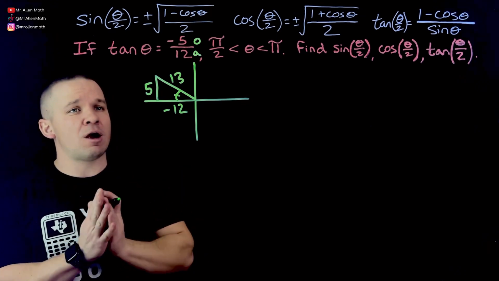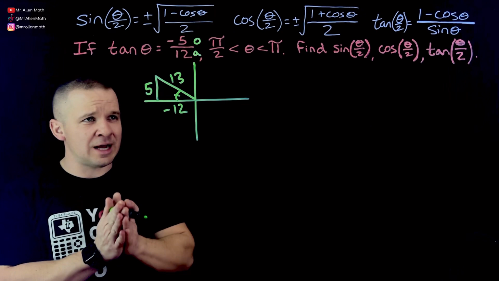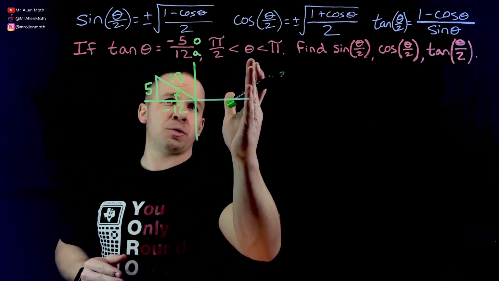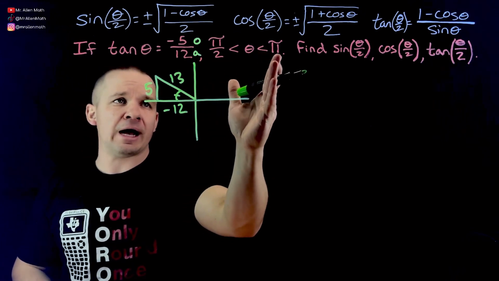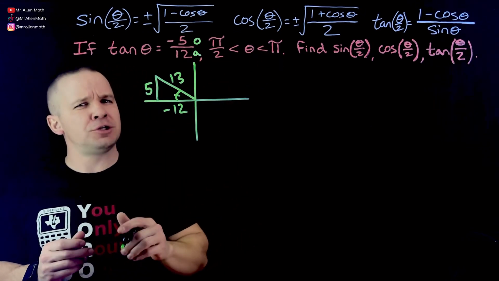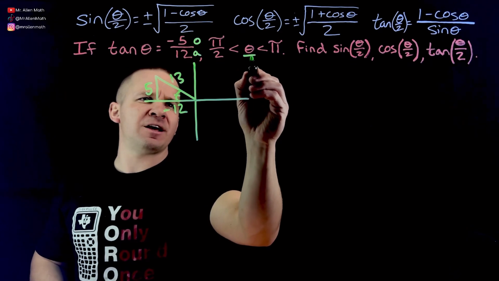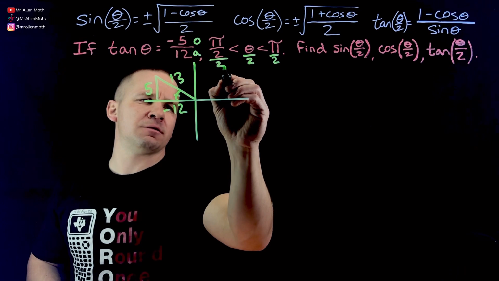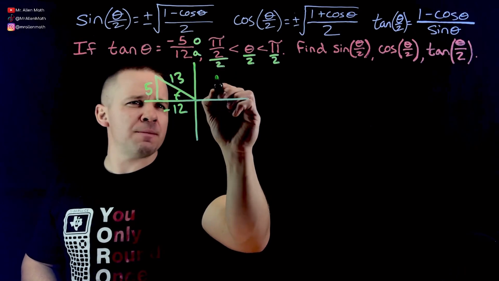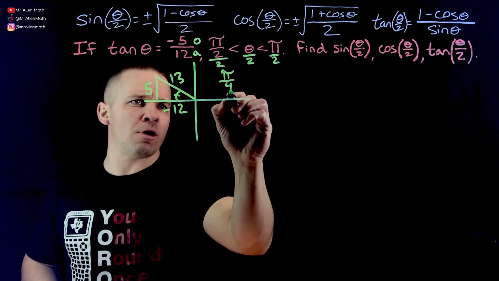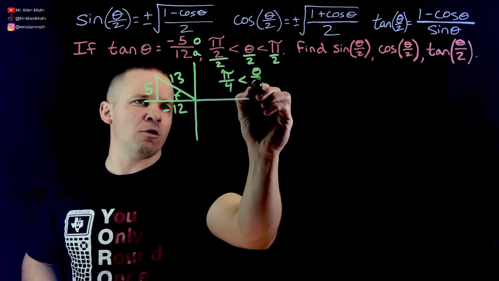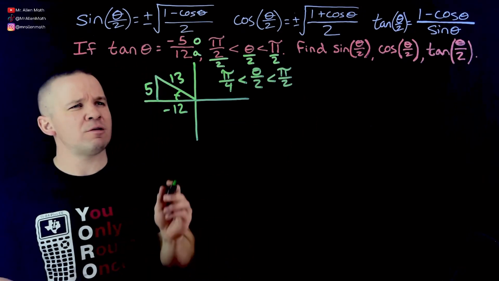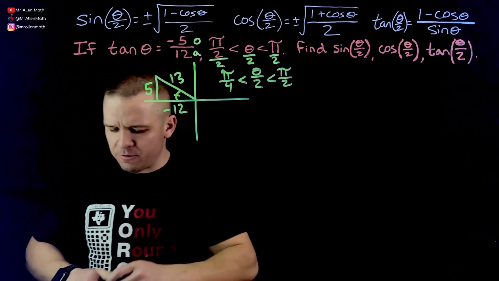That's where I've got theta. Now, we know that theta is between pi over 2 and pi. So where's theta over 2 going to be? If I divide this by 2, I have to divide this by 2 and this by 2, which means theta over 2 is between pi over 4 and pi over 2.